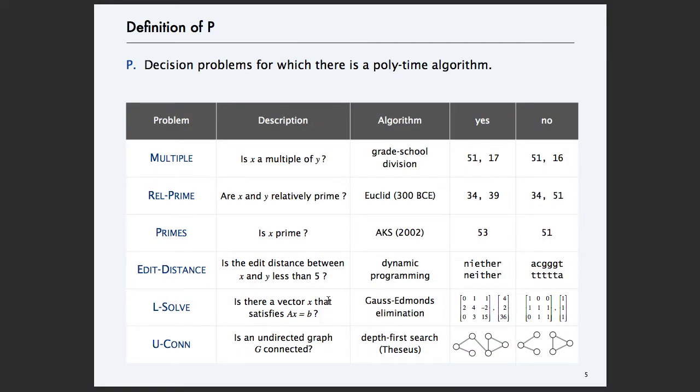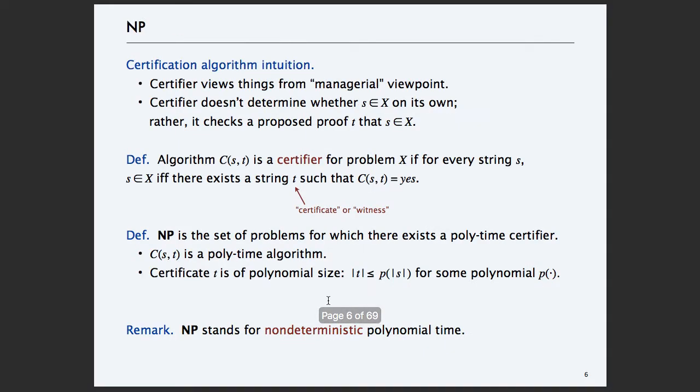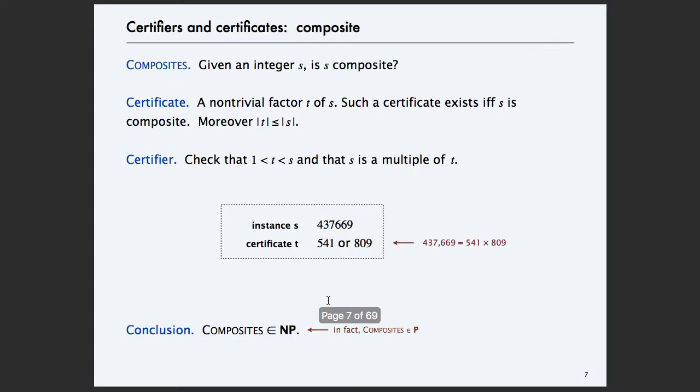P is decision problems for which there is a polytime algorithm. NP is the set of problems for which there is a polytime certifier, not necessarily an algorithm. As an example, is S composite? The certificate may be just a factor of S, right? So if it is composite, I will have it, and the length of T is less than or equal to the length of S, right?